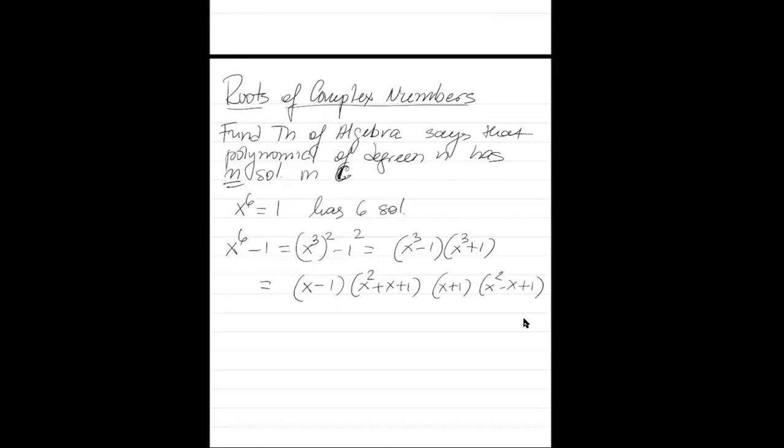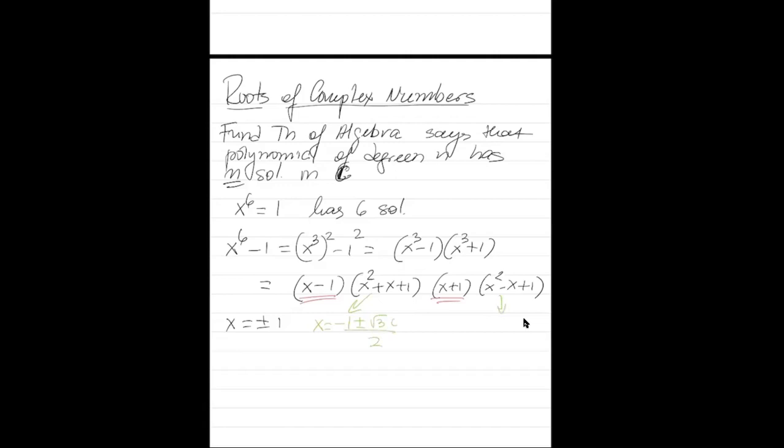Now, we know that x is plus or minus 1 from the first and third factors. But for the rest, we have to use the quadratic formula. So for the second factor, x equals negative 1 plus or minus the square root of 1 minus 4, so negative 3, which is root 3 i, all over 2.